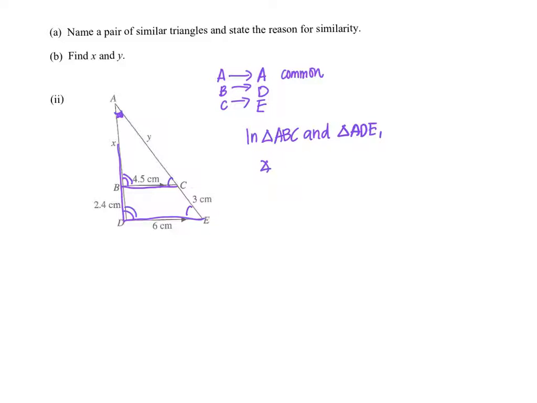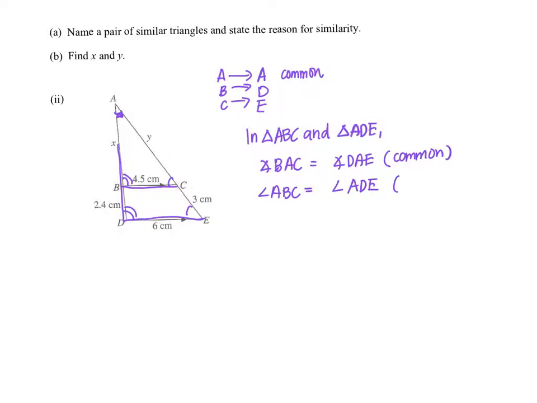Then state the two angles, choose one. For example, I like angle BAC equals, if it's BAC, then I'll have angle DAE. And this angle is common. Okay, then one more angle. Let's say I choose angle ABC, and that will be equal to angle ADE.